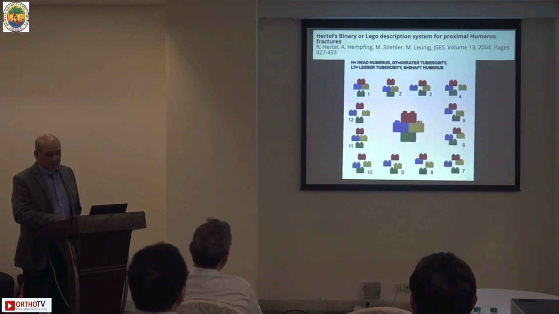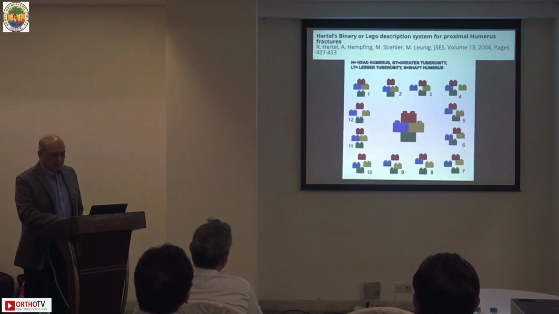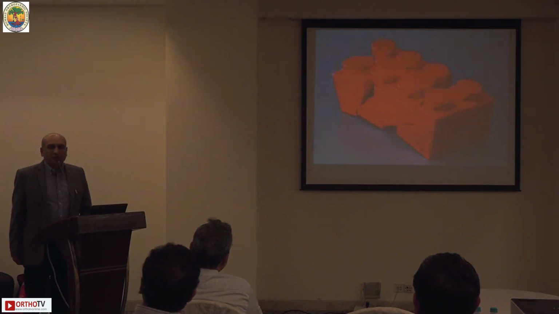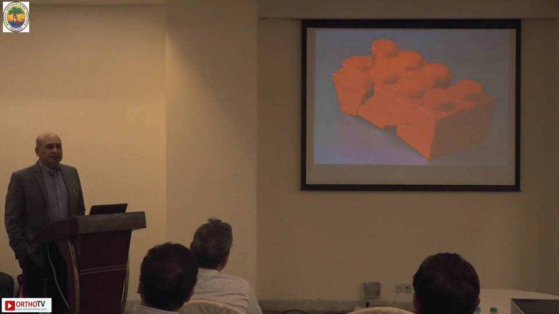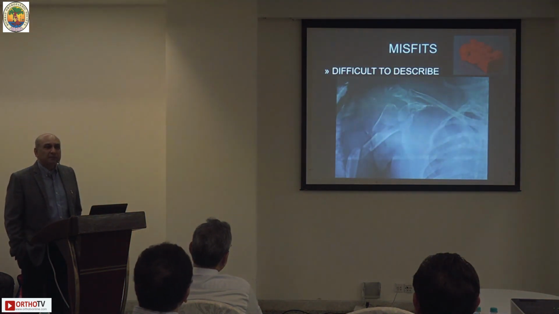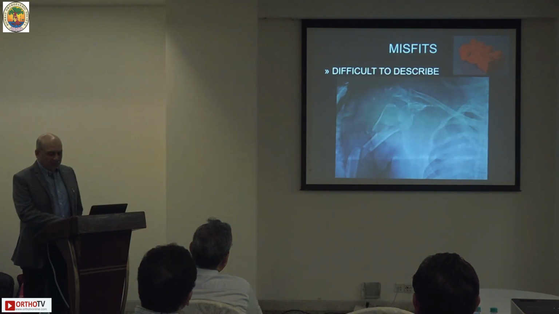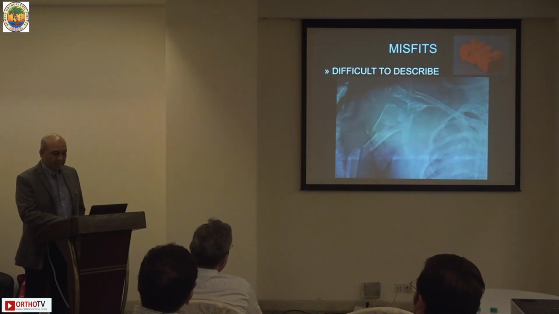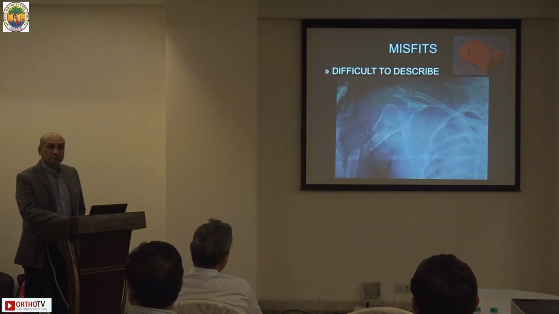So still I don't find it adequate. Just read it up, it was proposed by Hertel. What I find really challenging is the shattered red fragment, which is the shattered head, which makes proximal humeral fractures really complex. There are various complex scenarios, and some of them don't fit into any classification. That creates the need for describing proximal humeral fractures better, and we need a better classification.